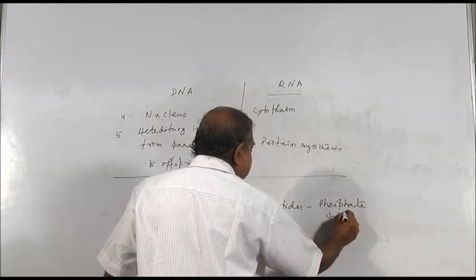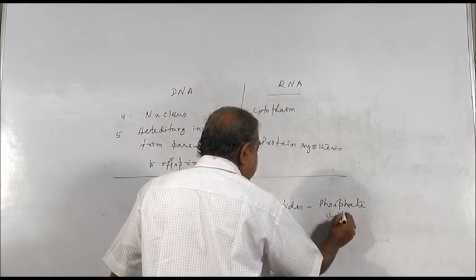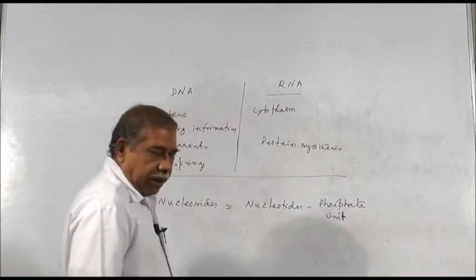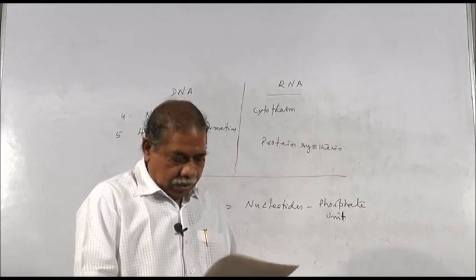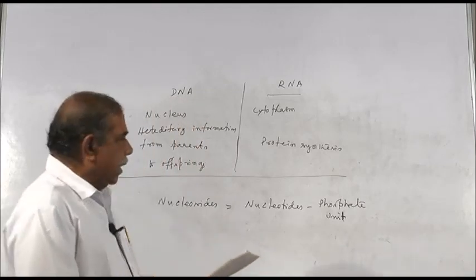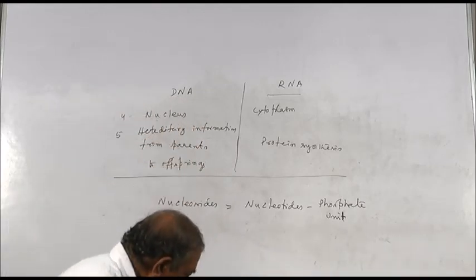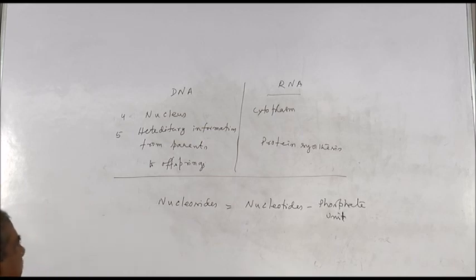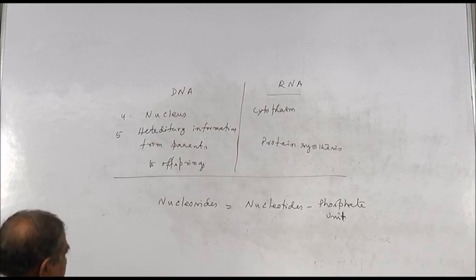So, nucleic acids are of two types, DNA and RNA. In DNA, the sugar present is 2-deoxyribose, in RNA it is ribose. Second, in DNA the base thymine is present, not uracil, but in RNA, uracil is present, not thymine.